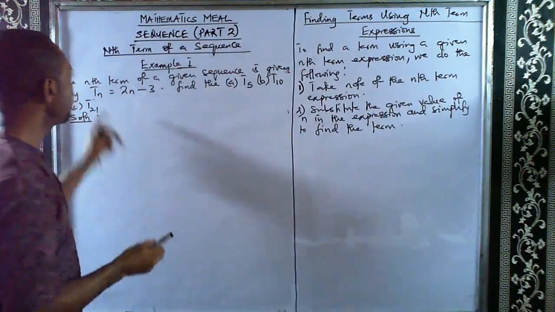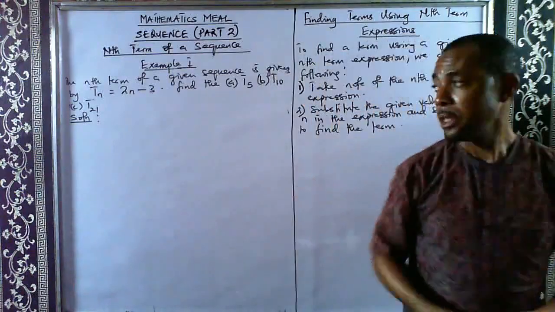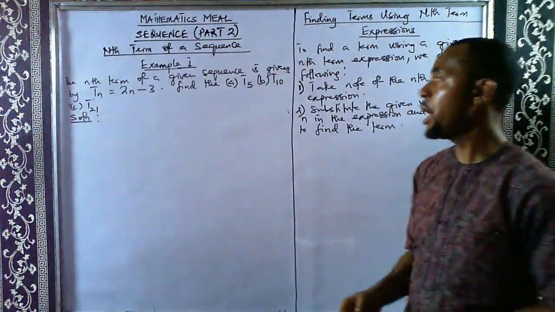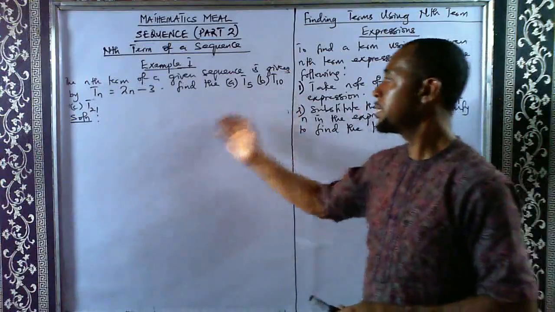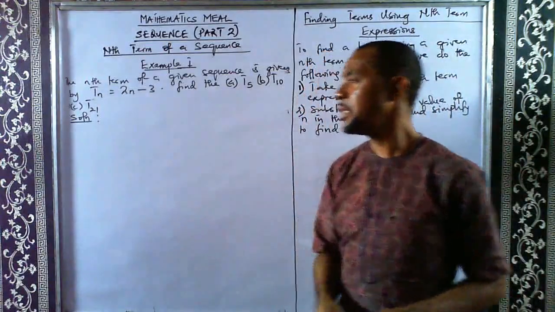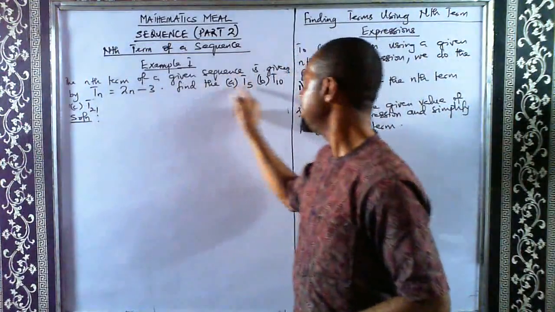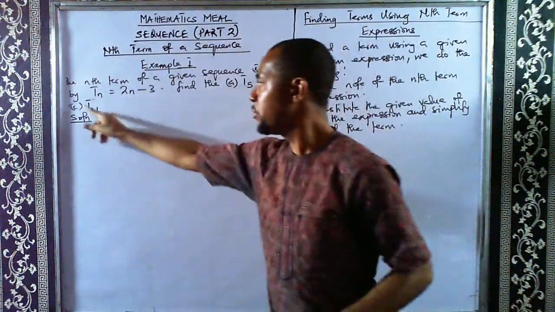The n-term of a given sequence is given by Tn equals 2n minus 3. And we are asked to find the 5th term, the 10th term, and the 21st term. Remember T stands for term here: 5th term, 10th term, 21st term.